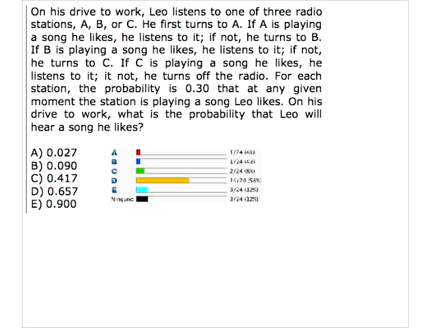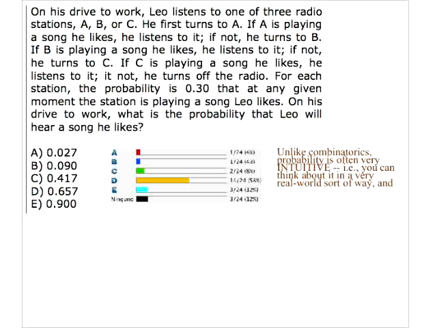Unlike combinatorics, probability is often very intuitive, i.e. you can think about it in a very real world sort of way and eliminate answers that don't make reasonable sense.